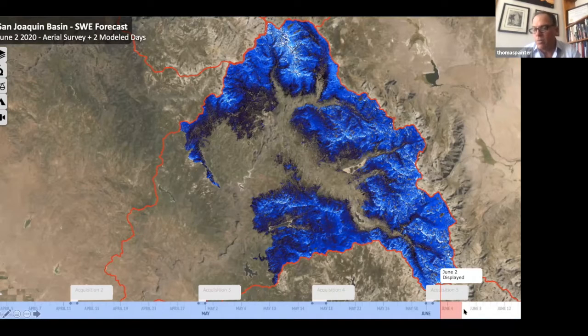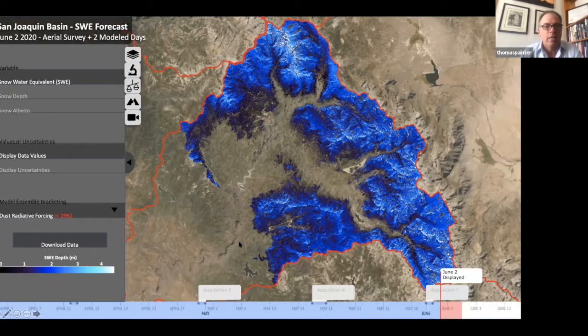And then likewise, we're going to have the forecasted snowpack moving forward. So today is June 2nd, say, that you're looking at this, and you'll have the ability to look at that snowpack forecast, and likewise with various ensembles in the modeling, and to be able to look at the data values, and also the spatially distributed uncertainties.